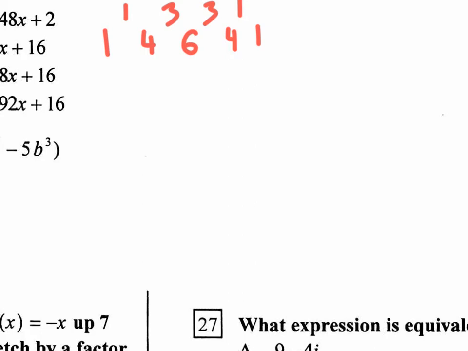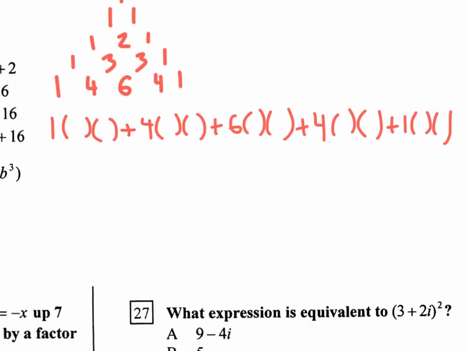Check it out. And there it is. I've put 2 sets of parentheses behind each number, and all of them have a plus sign in front of each number. So now it's a question of filling in the appropriate powers. It is a power of 4, so you're going to take that max power of 4 and put it on the first parenthesis, which means that the second parenthesis has to be 0.